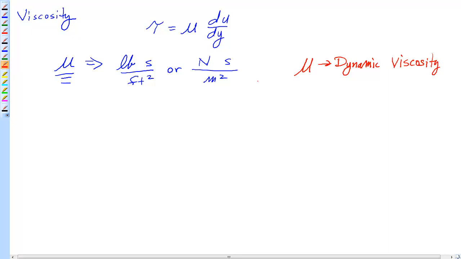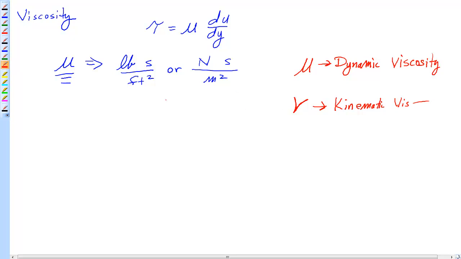I'm going to attempt to do a decent job of this, but the symbol somewhat looks like that, and it is called the kinematic viscosity. Now, what's the difference between these two?